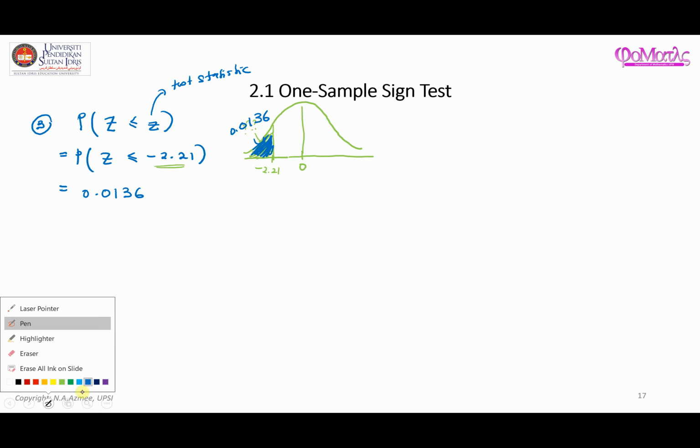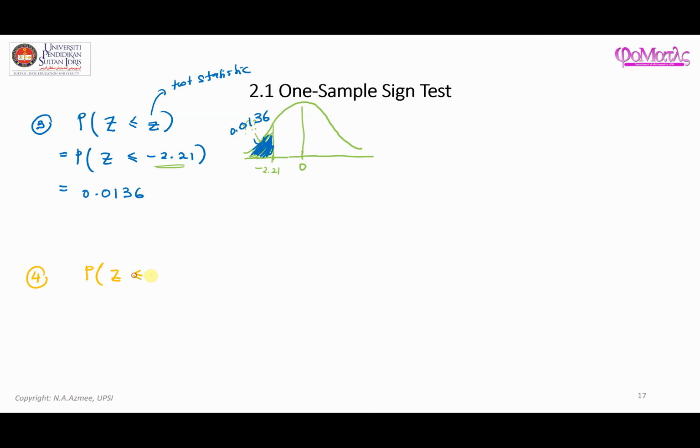Next, in the fourth step, what you need to do is make a decision. The probability that z is less than or equal to the small z is less than or equal to alpha over 2.